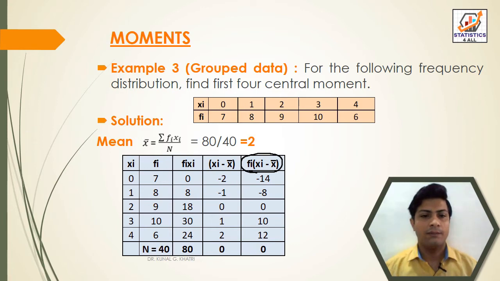So here we'll multiply fi into xi minus x bar, that is this value will multiply by this.